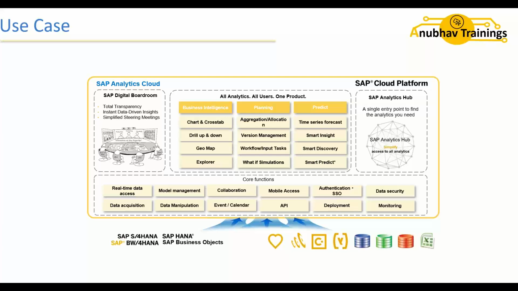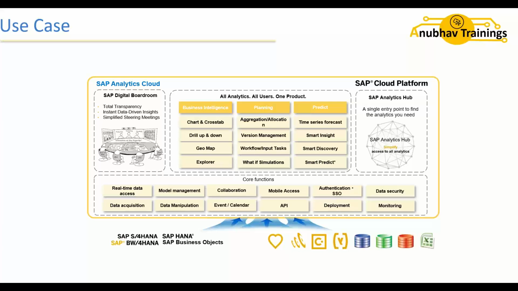But what about the leader of the company, the CEO, the CFO, the chief operating officer, the COO? What about them? They want to get a holistic view at the company level. They are not interested in only one department. So that's where you can combine the stories and pages of different departments' individual stories together in one single coherent experience, which is called Digital Boardroom.